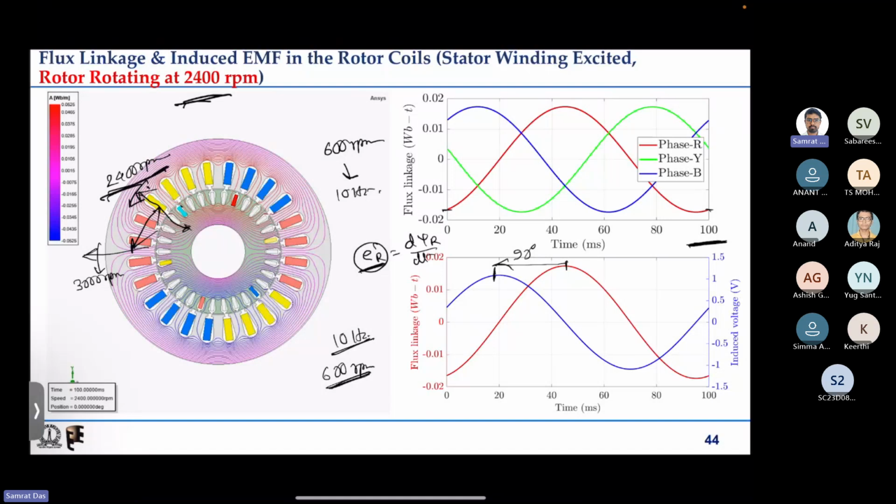Because the induced EMF itself, if the coils are shorted, or connected in star or delta or any other three phase connection, will pass a current of the same frequency, and that itself will create a rotating field at the same velocity with respect to the stator field.